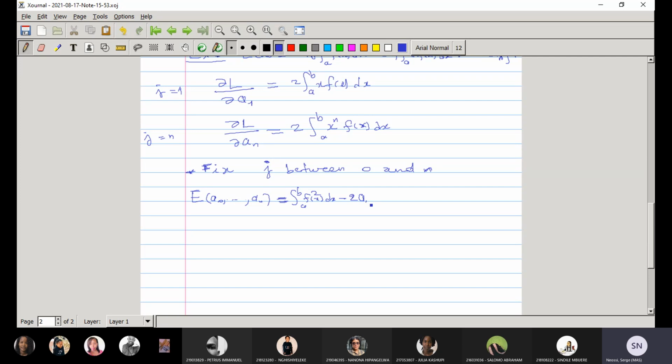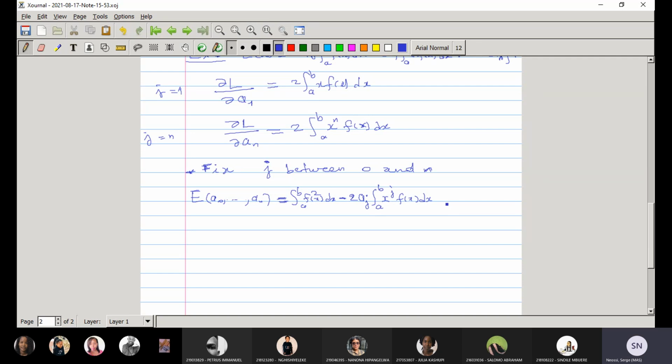So that would be aj, the integral from a to b, x to the j, f of x dx, right? Now, the remaining terms will be all the terms present in the summation except j.